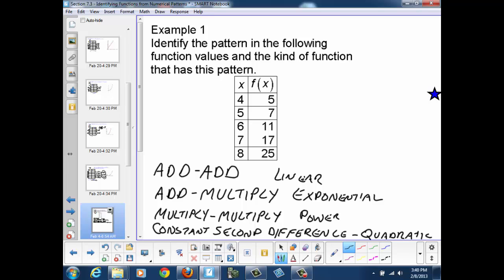So let's see if we can determine if any of these patterns apply to this table of function values. First of all, if it's add, then we would determine how much we are adding to x to get our next value in the table. So here, it's pretty obvious, we are adding 1.